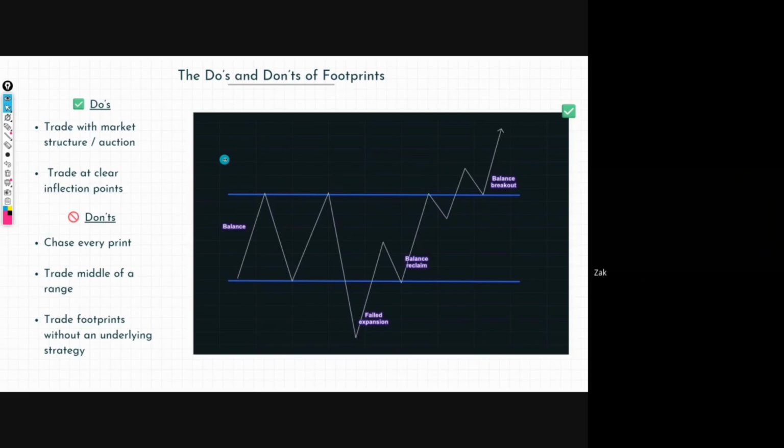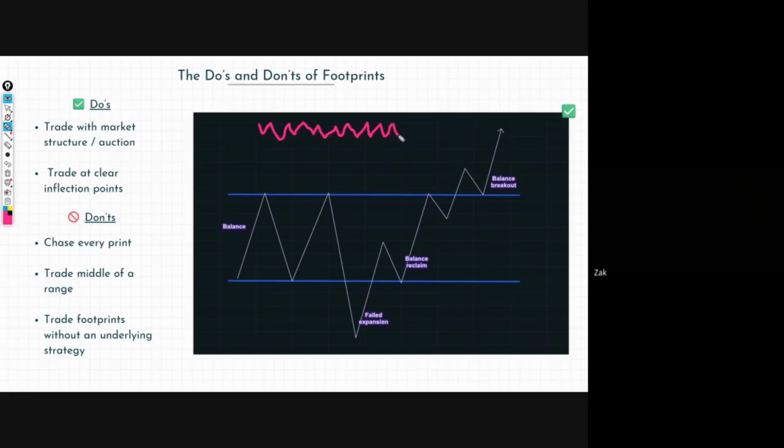The do's, you should trade with market structure. Now, I'm a futures trader, and in futures, I'm sure many of you have already heard the concept of auction market theory. This is basically just the theory that when you're in a range, you will balance out.